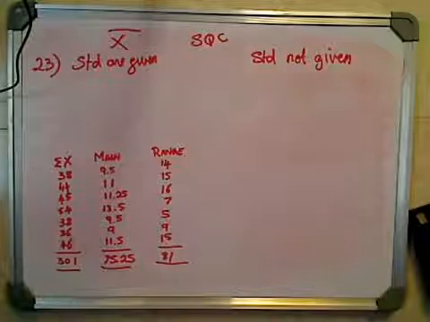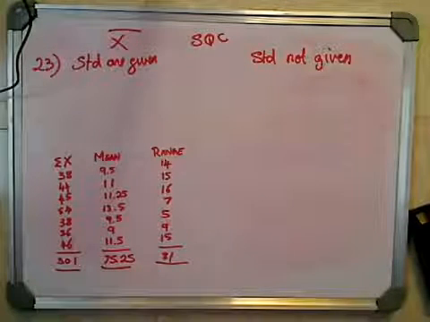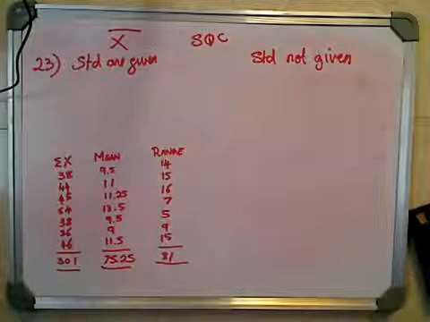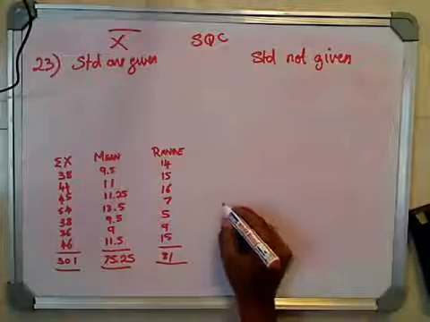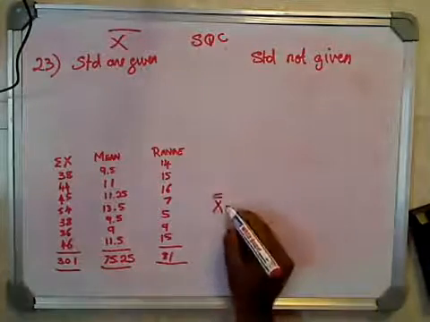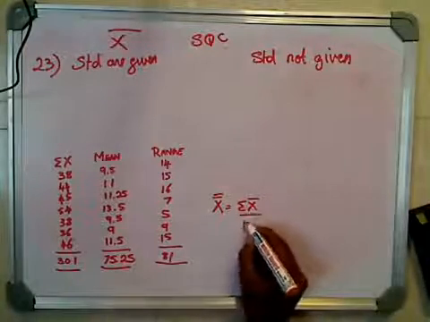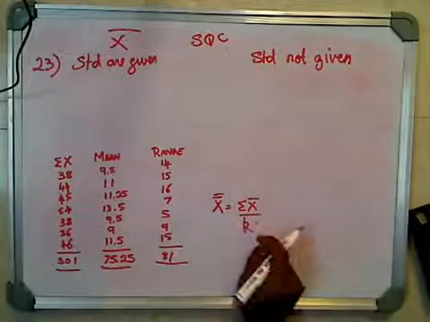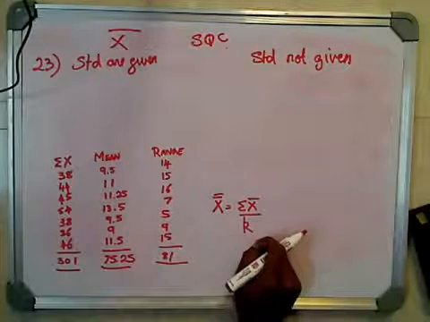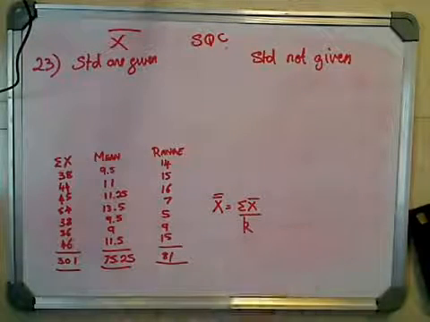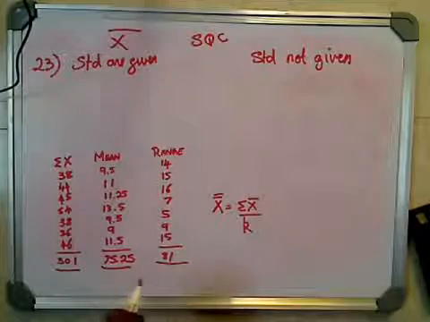Now we need a few more bits of data before you actually arrive at the required answers. Firstly, calculate X bar equals summation X divided by K. K here would be the total number of samples that you've taken, and as per the book, the number of samples here would be 7.